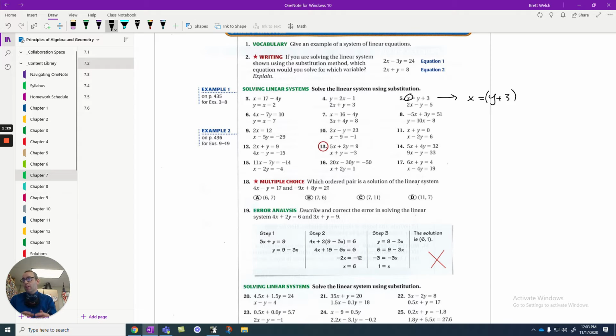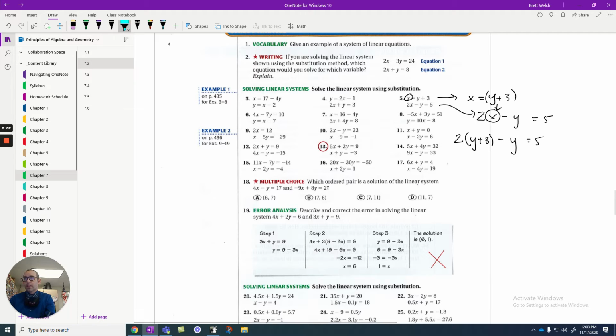So in my other equation, where it says 2x minus y equals 5, instead of using x, I could use y plus 3. And this equation would read 2 times not x, but something that is exactly the same value, y plus 3, minus y equals 5.